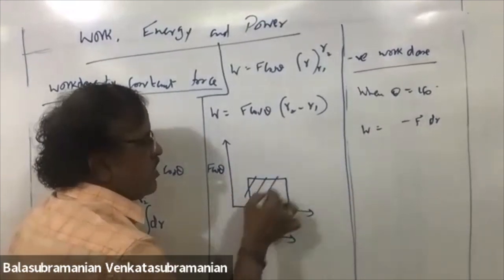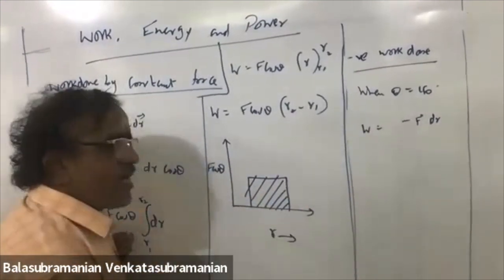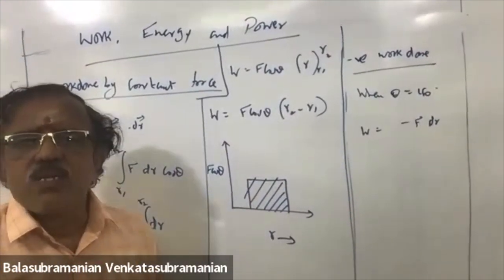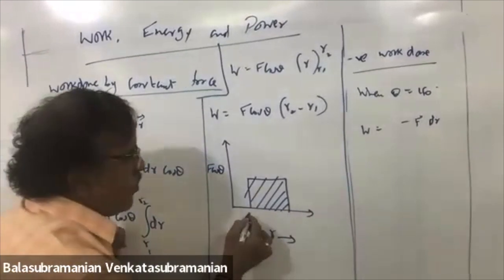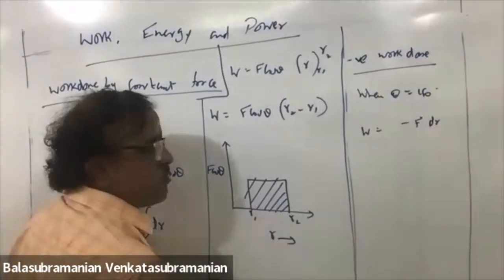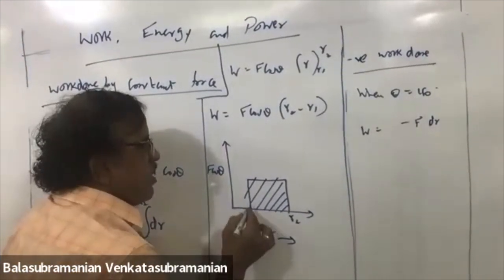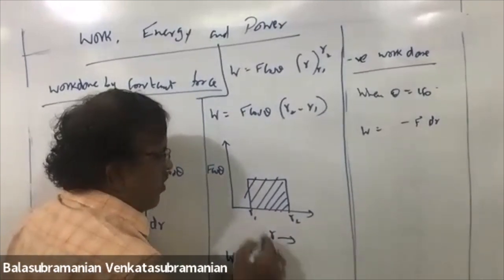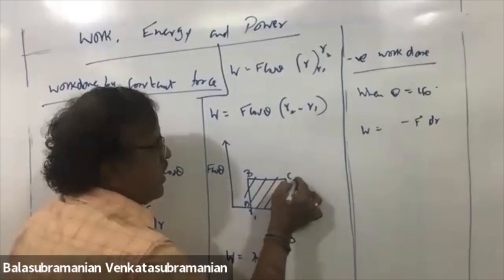So this we call work done by constant force. The area of the graph will give you the work done. From R1 to R2, W is equal to the area ABC.